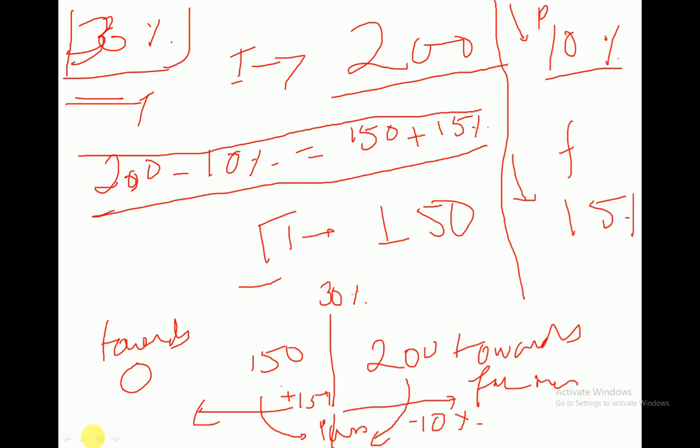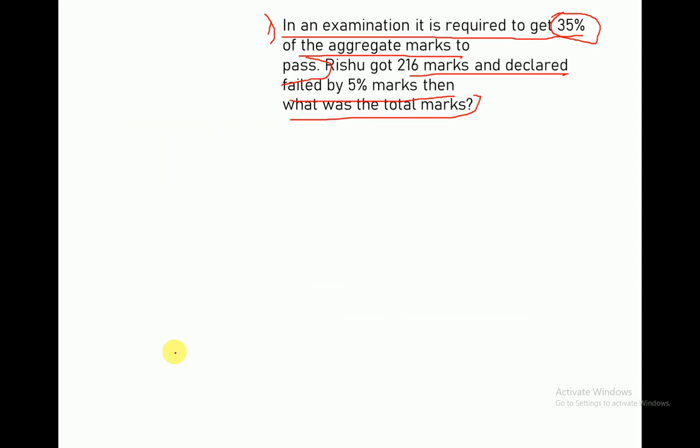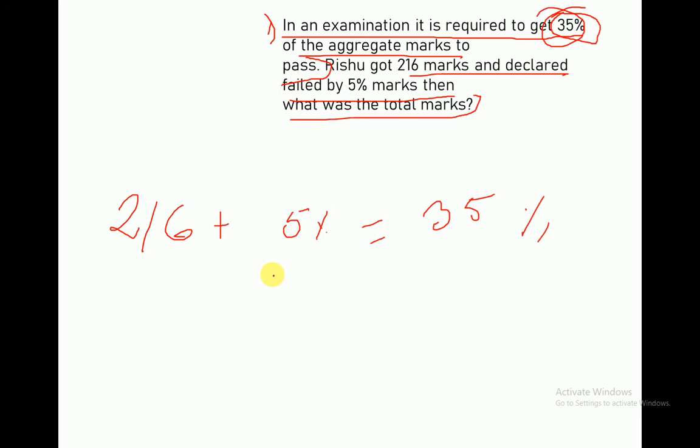Okay, now let's see the sum. Rishu got 216 marks and was declared failed by 5%. So 216 and 5%, and here it's given that 35% is the passing marks. In order to get to the passing percentage, this student needs to have 5% of marks more than what he has got.